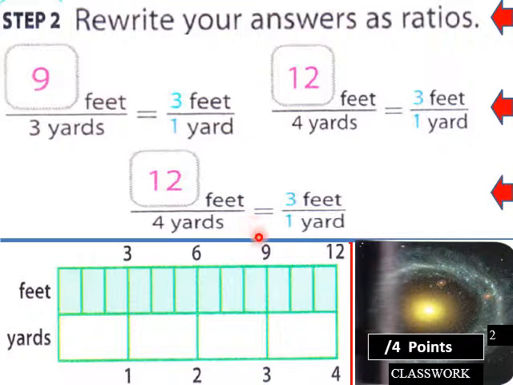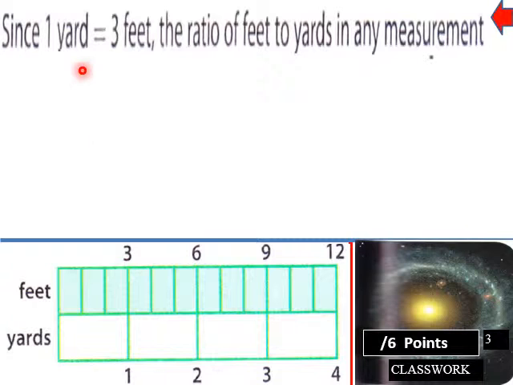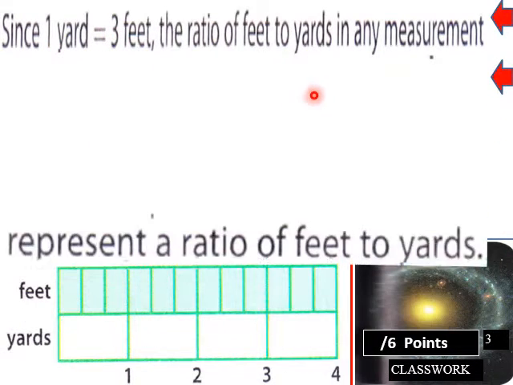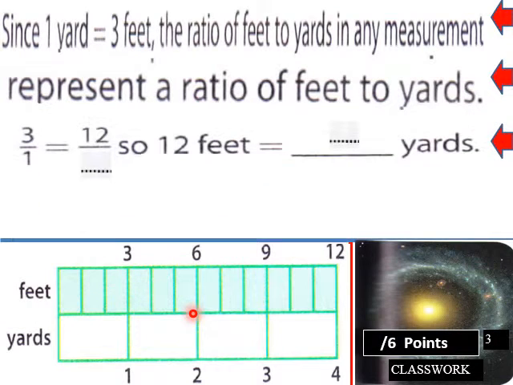So what is the idea in getting these different amounts of feet per yard? 1 yard equals 3 feet. The ratio of feet to yards in any measurement represents a ratio of feet to yards. So 3 over 1 equals 12 over blank. 12 feet equals how many yards?